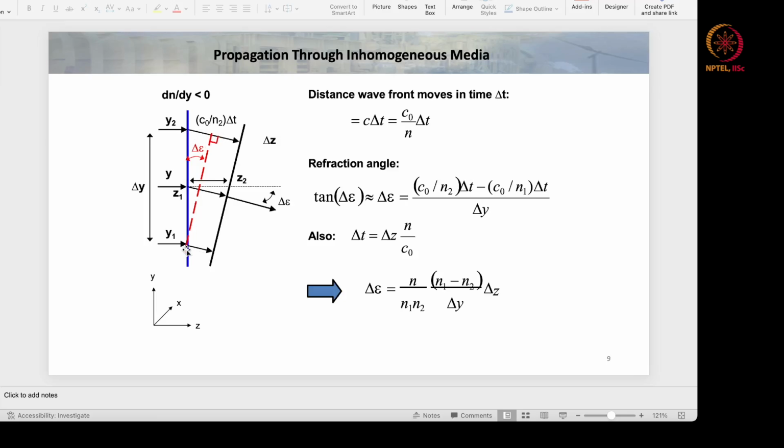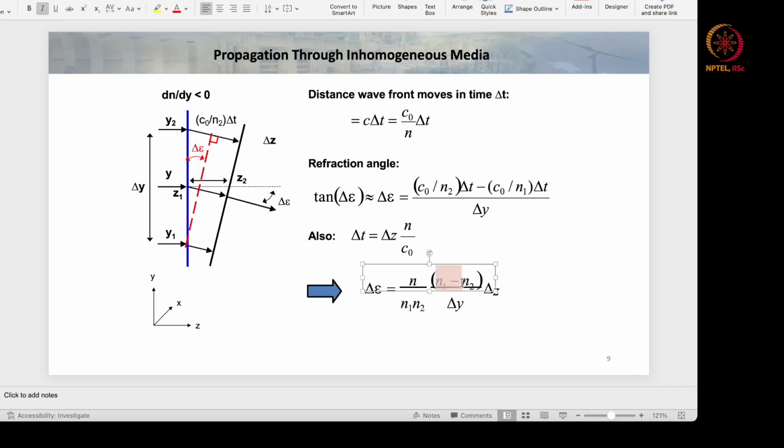Also note that your delta t is nothing but your delta z multiplied by n divided by c naught. Once you do the mathematical manipulations, you'll find that this delta epsilon with respect to the change in delta z is given by this expression.